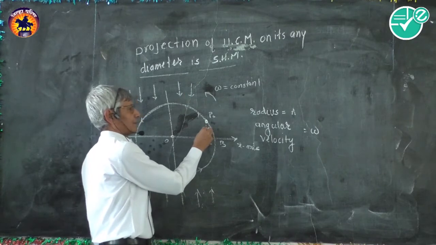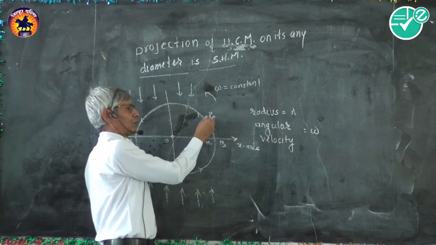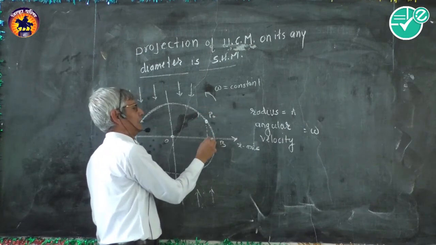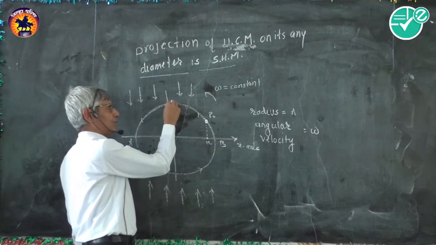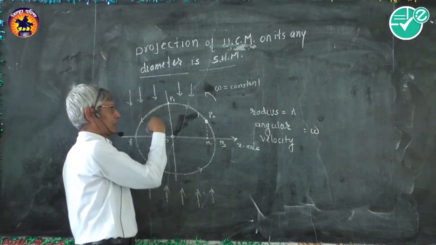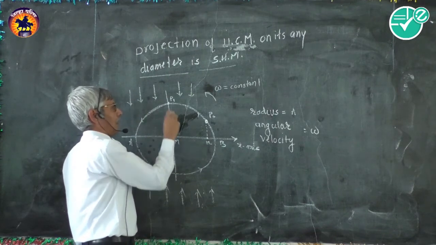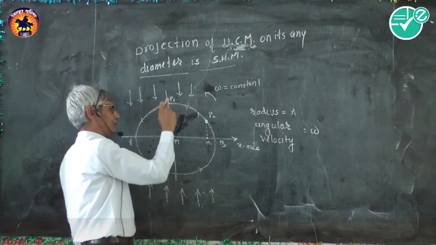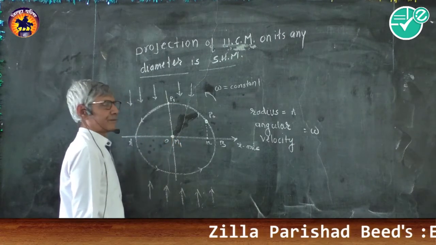Now suppose the particle which is performing uniform circular motion is at point P0, then its projection on the diameter is at point say M0. When this particle in circular motion moves to position P1 in anti-clockwise direction along the circumference of the circle, its projection will be at point M1 on the diameter AB.